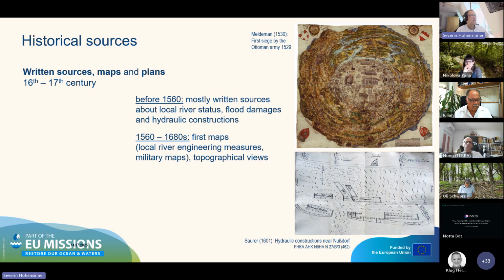I start in the 16th century, where we normally only have written sources, some small maps or plans in the 16th, 17th century, and I speak for the Austrian Danube, but I think it's similar to other Danube sections. Before 1560, we have mostly only written sources about the local river status, often reports on flood damages or technical things about hydraulic constructions.